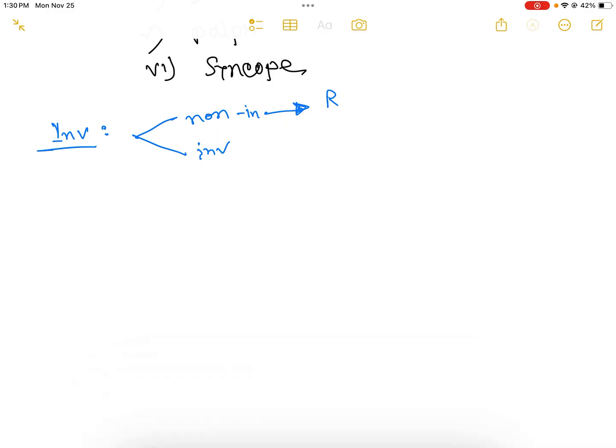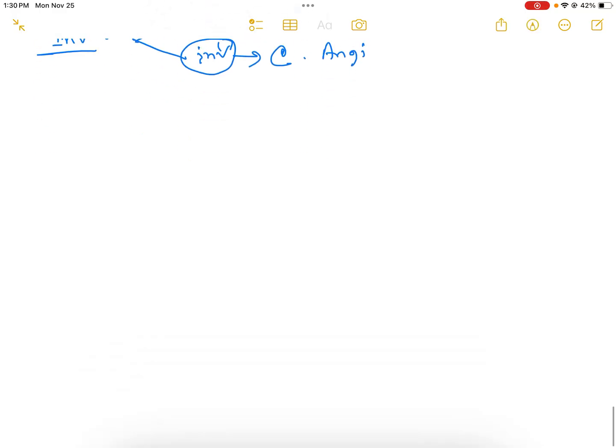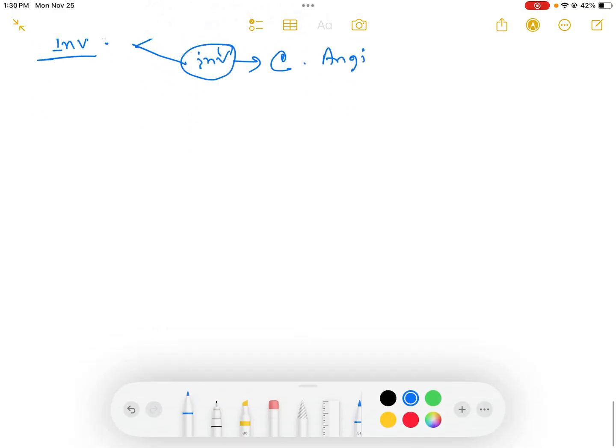Invasive procedure includes coronary angiography only.